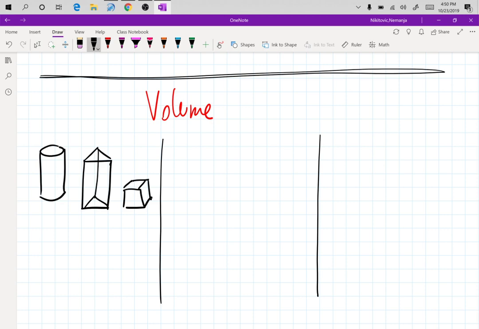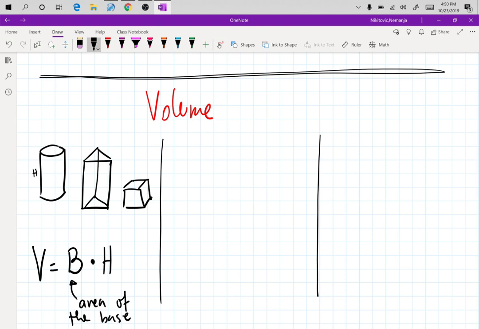So all of these shapes that are boxy, okay, they will all have the same form for volume, which is area of the base times the height. So B stands for area of the base.